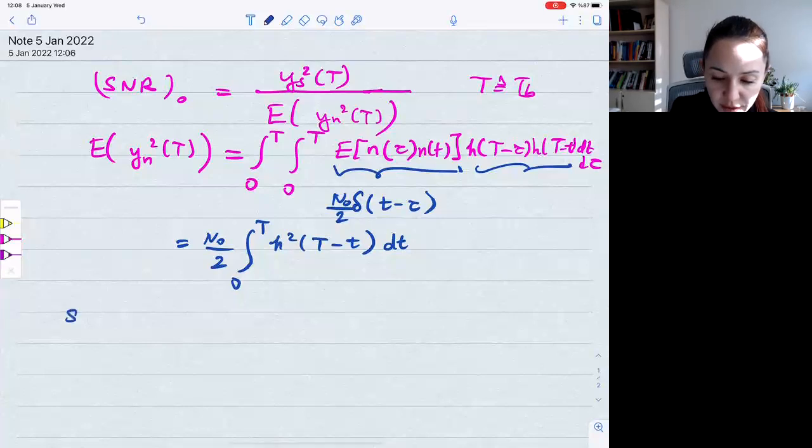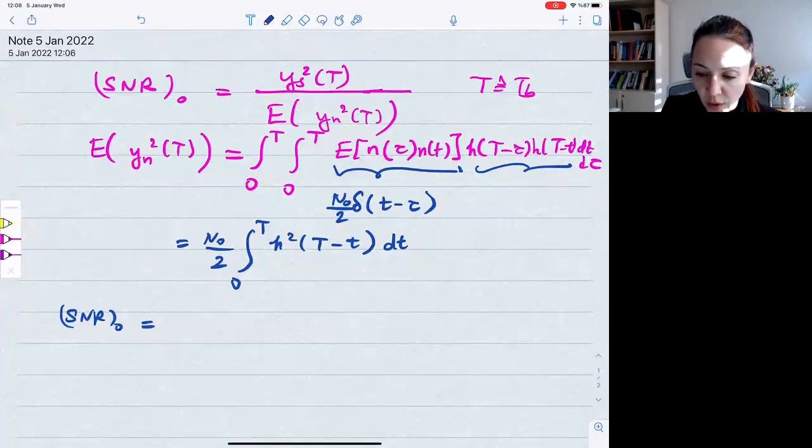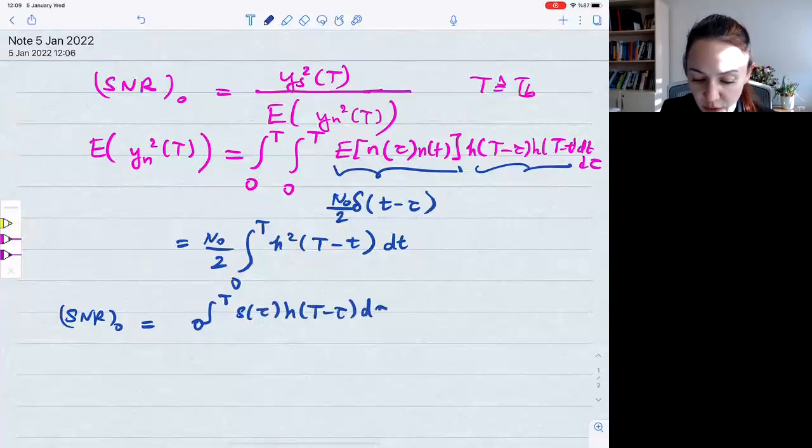Let's write the SNR again. SNR is ys squared of T. What is ys squared of T? It's really the integral from 0 to T, well, what is ys? Remember that from the previous slide: s of tau, h of T minus tau, d tau.